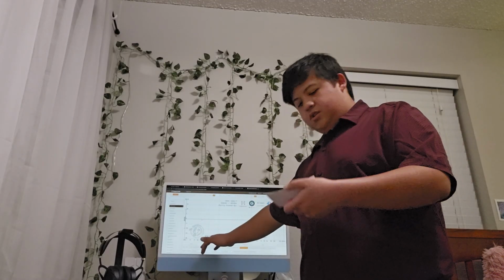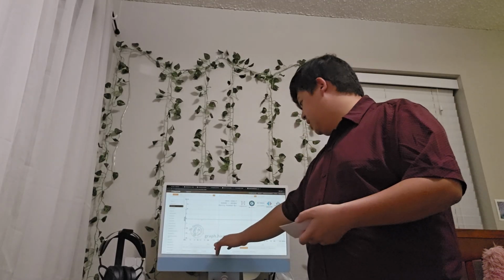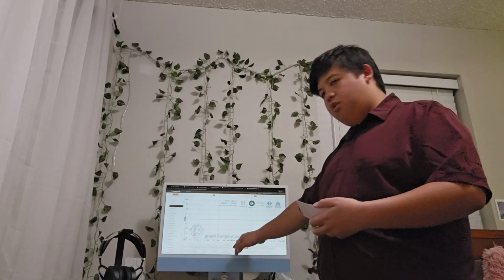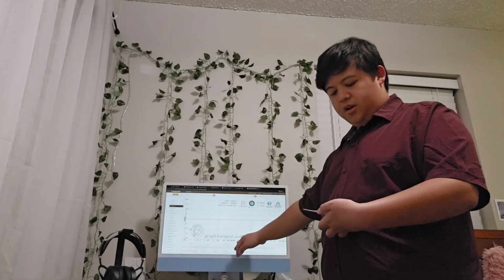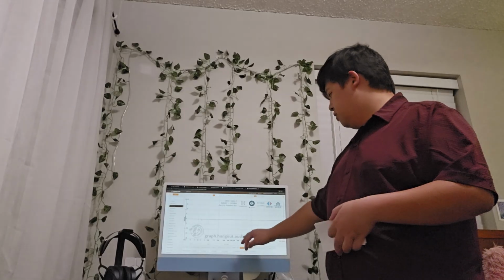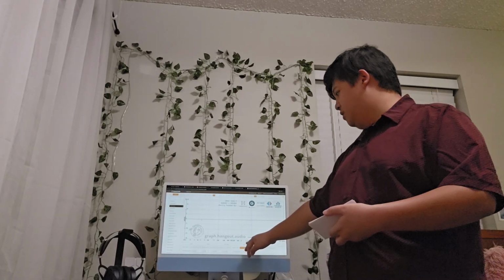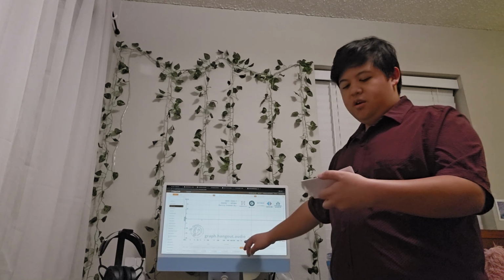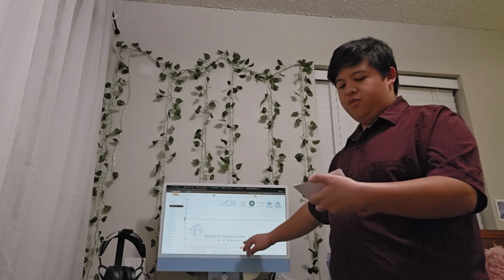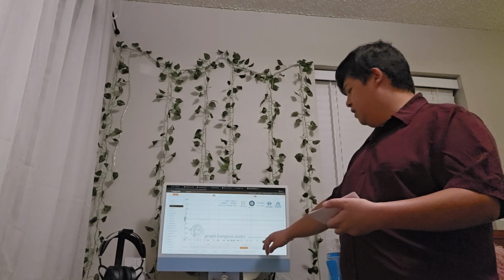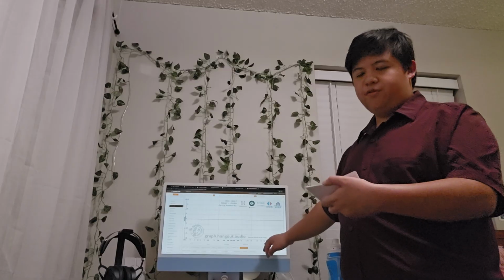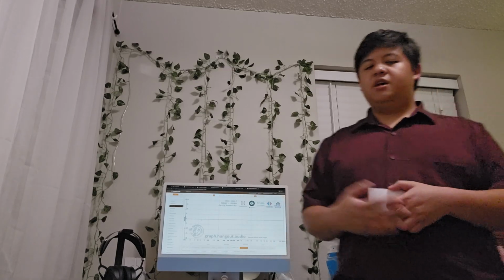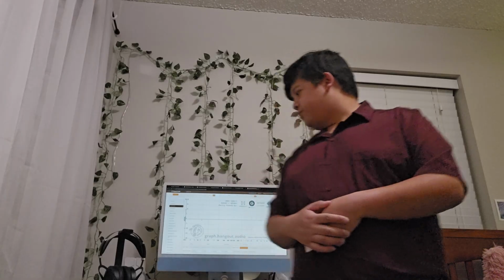From 80 to 200 is our mid bass. From 200 to 800 is our lower mid range. From 800 to 1.5 thousand is our center mid range, and then from 1500 to 5000 is our upper mid range, and then from 5000 to 10,000 is our treble, and then above 10,000 is our airy region.